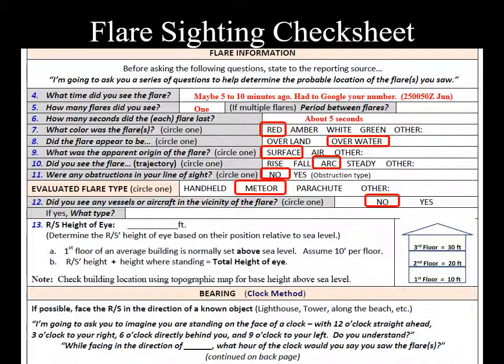To estimate their elevation, we use 10 feet per floor. And if they're on a hill or a cliff, we can use topographical maps to determine their elevation. In our example, our reporting source was walking along the water's edge. He is 5 foot 6 inches tall, so we're going to round it up to the next whole foot.